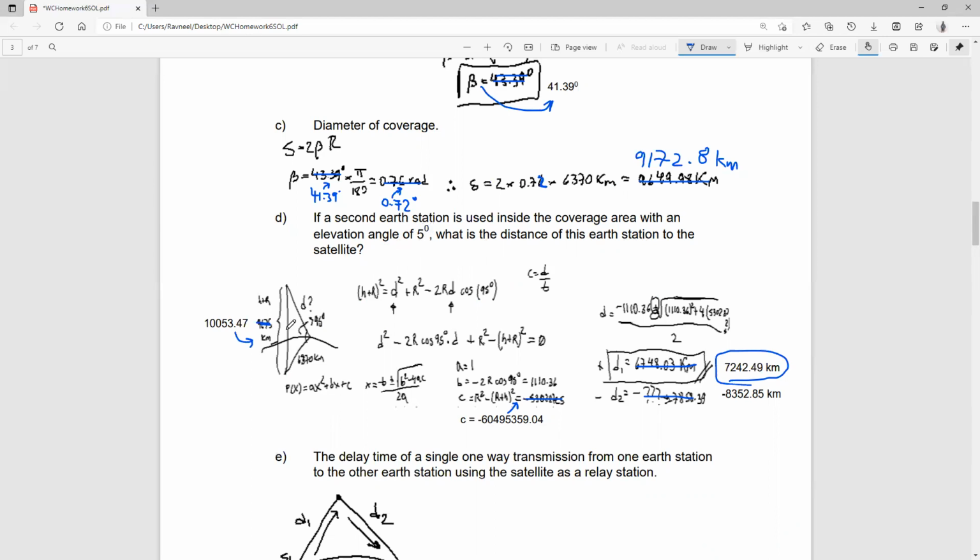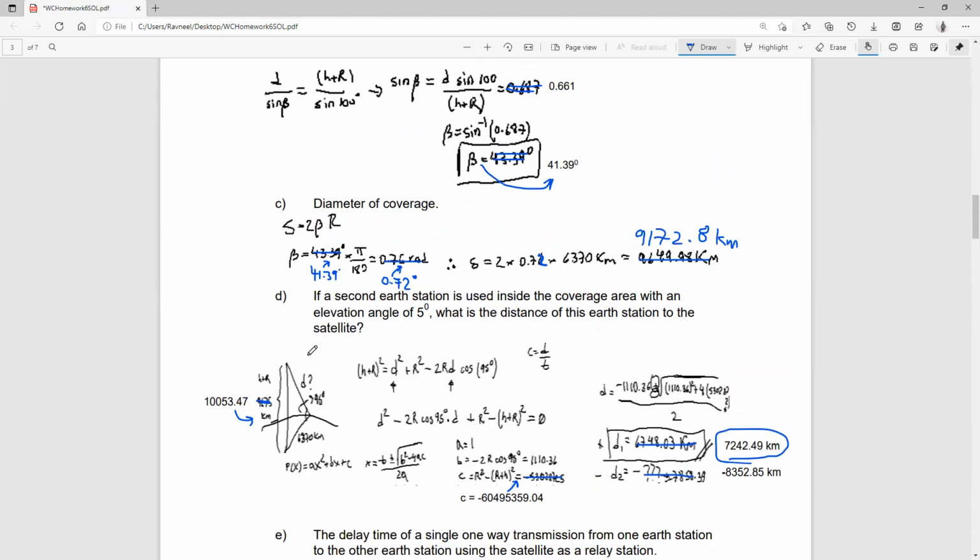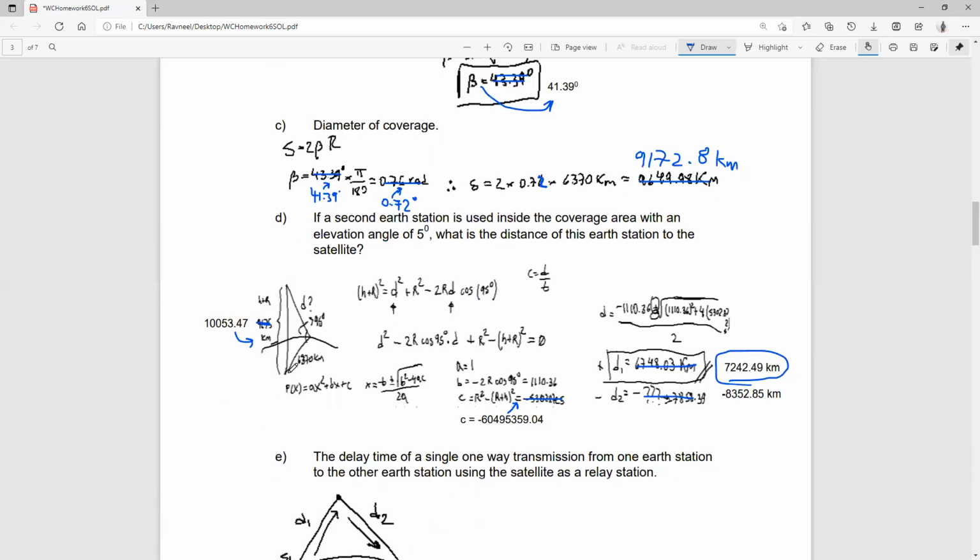Again, we can draw a triangle using the center of the Earth, the Earth station on the surface of the Earth, and the satellite. We need to find this particular distance over here, and this is my S2 vector.